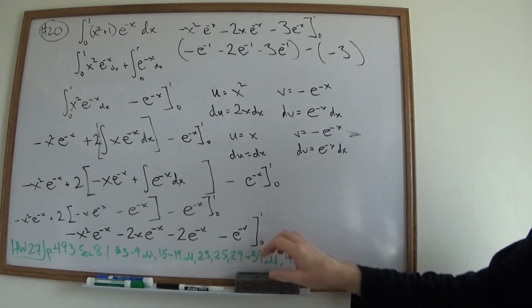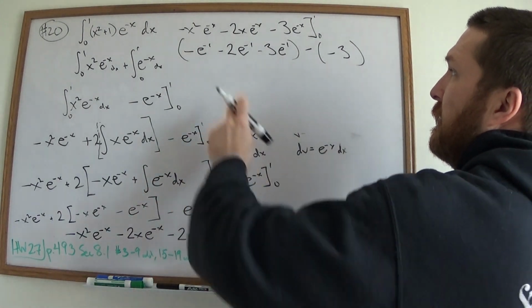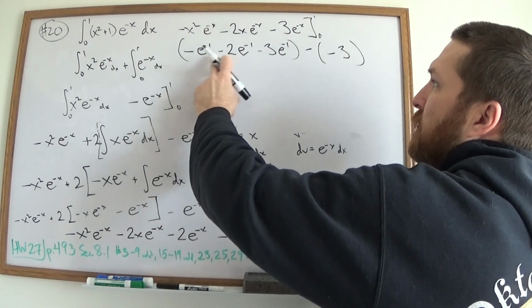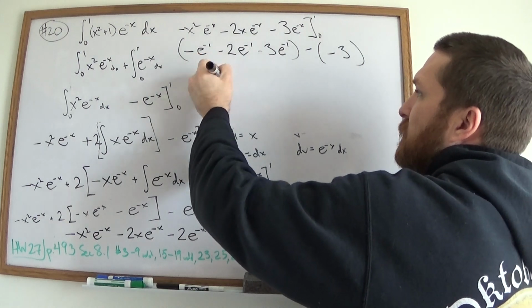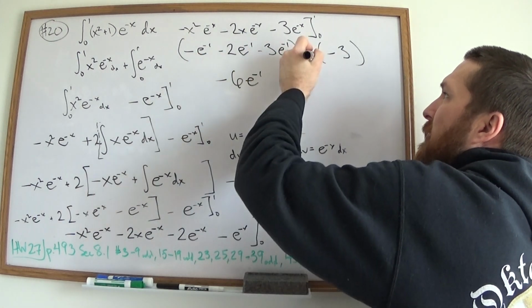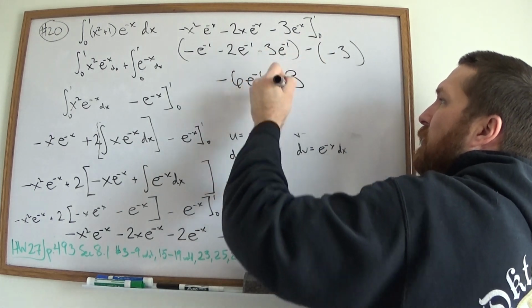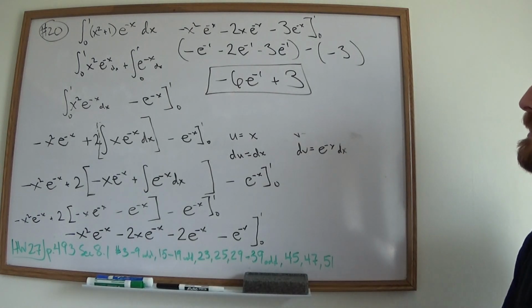So that's that. And here we go. So there's minus 2, minus 3, so that's 3, 4, 5, 6. So minus 6 e to the negative 1. Minus a minus is plus 3. That should be my answer right there.